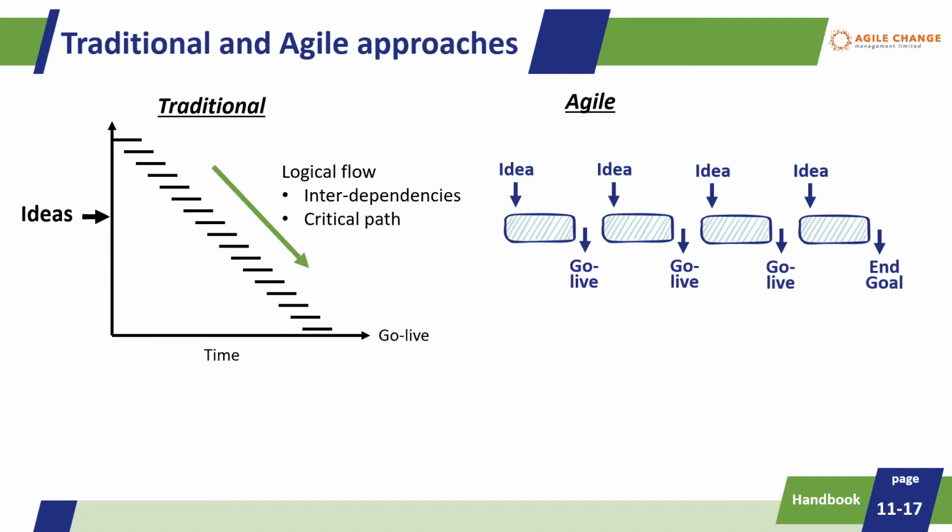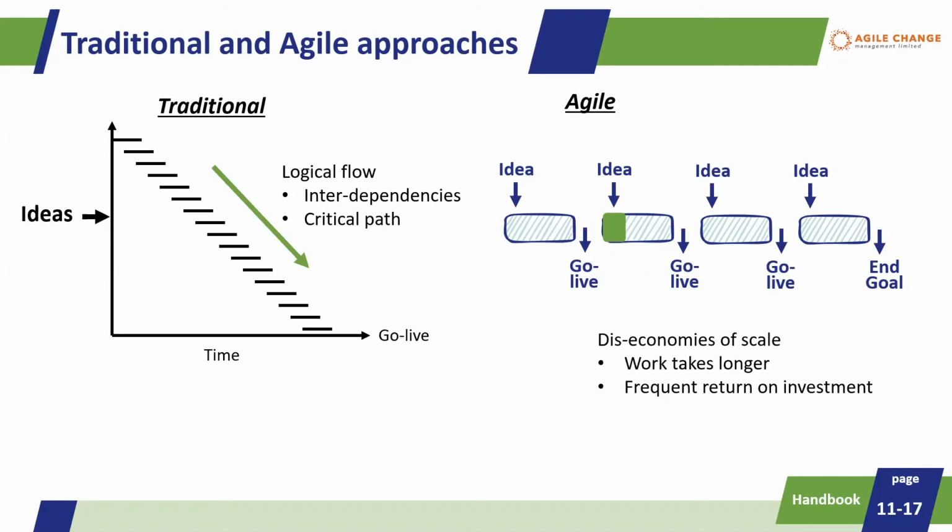I can organise it in a logical way based on how everything links one after the other, all of the interdependencies. And I'm looking for the critical path. I'm trying to find the shortest path through to the actual go live. Some things might run in parallel, but I'm looking to see, first of all, the sequence of what happens, then what happens next, and how I can shorten that time frame. But that's that logical flow that I'm looking for.